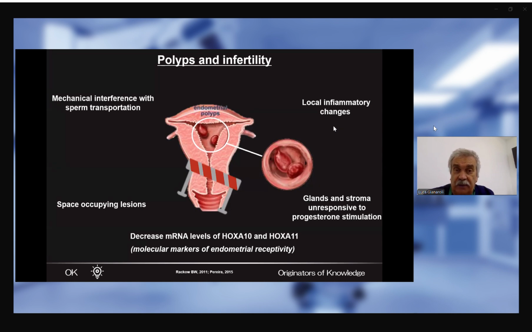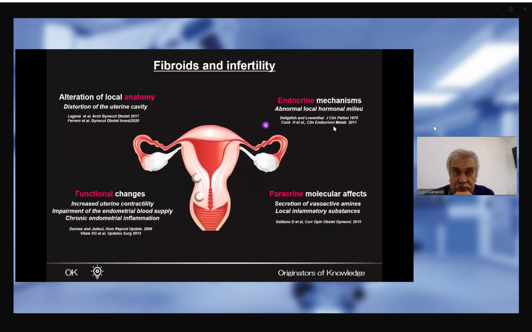And most of the time, if a small polyp is there, what we are going to do is to transfer our beautiful blastocyst, maybe generated after pre-implantation genetic testing, not in the endometrium, but inside the polyps.